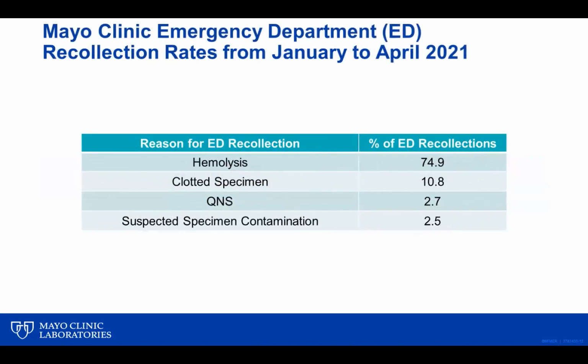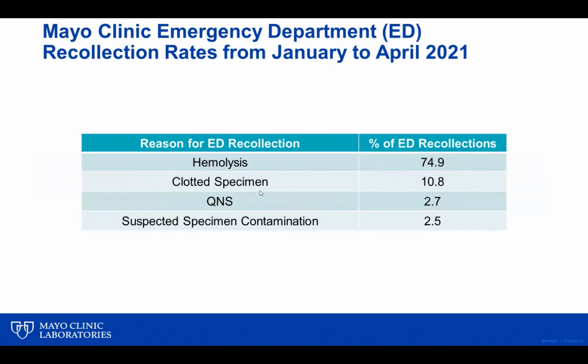So what I have listed in this table are some of the bottlenecks that we incur at Mayo Clinic, specifically in our ED. One of the metrics we evaluate is the number of recollections and the reasons for those recollections. These data are from January to April of this year. You can see that hemolysis is the single highest cause for specimen recollection, accounting for about 75% of all ED recollections.